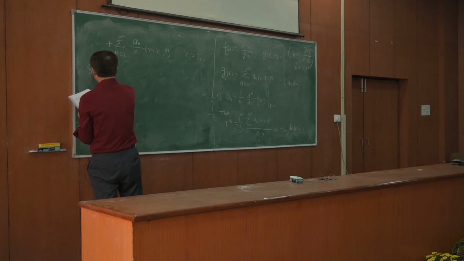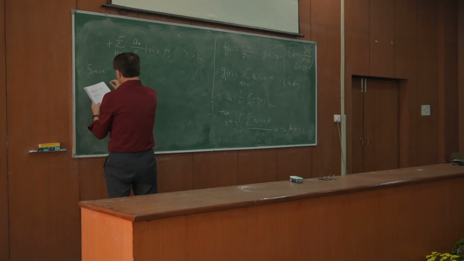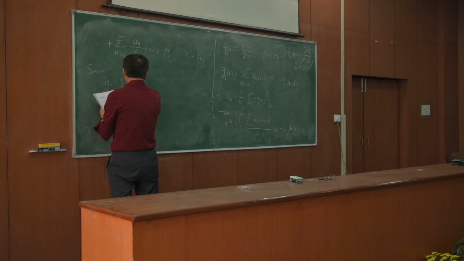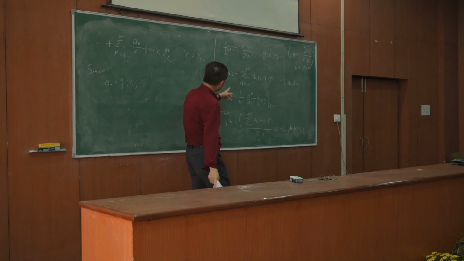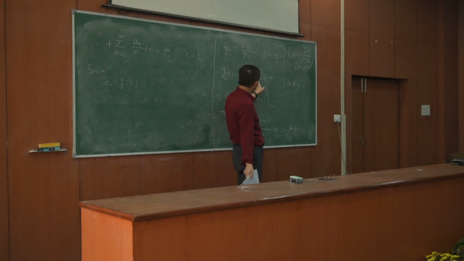Now you can say A0 equals GR, the definition, at R equals Ri. G0, because the horizon at R equals Ri means R minus R equals 0.